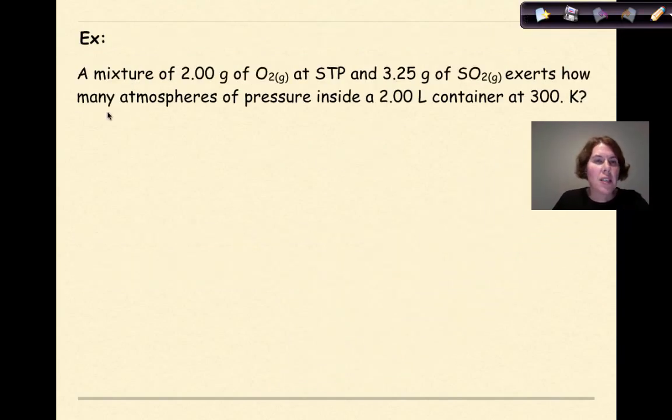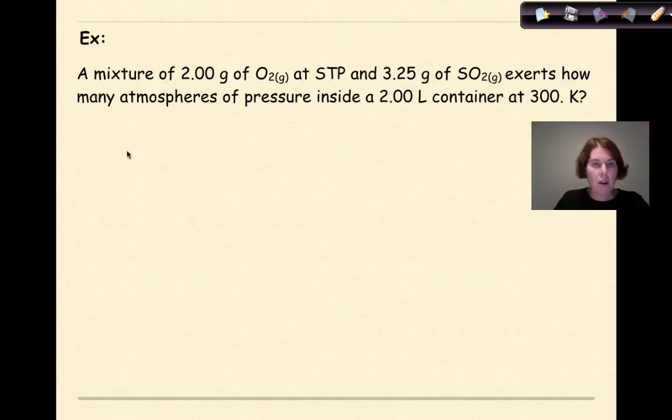So if we look at this example, it says a mixture of 2 grams of oxygen at STP and 3.25 grams of SO2 exerts how many atmospheres of pressure inside a 2-liter container at 300 Kelvin. All right, so the first thing that we need to do here is, of course, the usual, convert to moles.